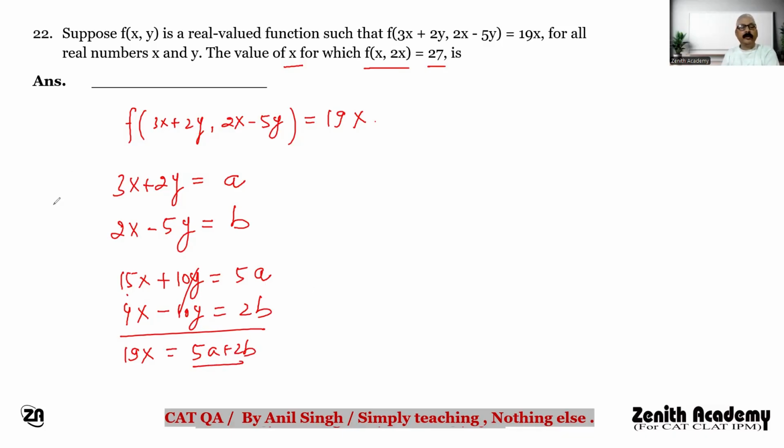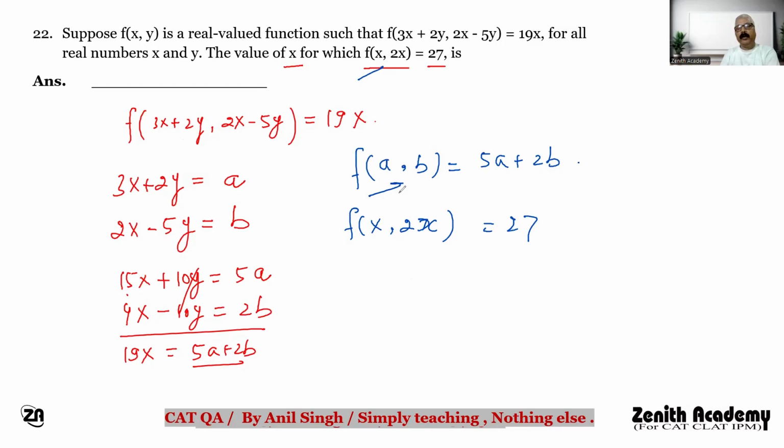So now you can understand this function. You can write f(a, b) is equal to 5a plus 2b. So now f(x, 2x) is equal to 27.